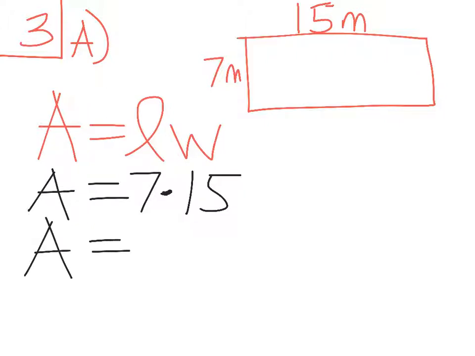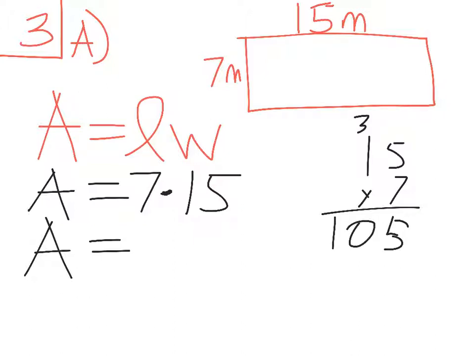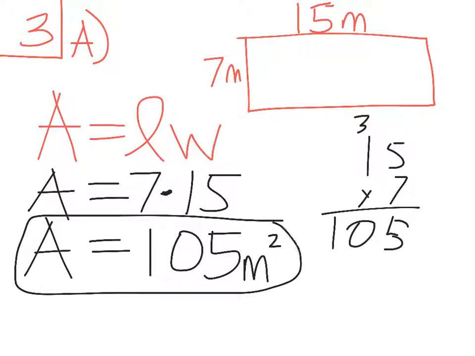And if we're not sure what that is, it's a good chance to just go ahead and write it over here, try to figure that out. 7 times 15 ends up being 105. And since we're talking about area, the units are squared. So we end up with meters squared, 105. There you go. That's the area.